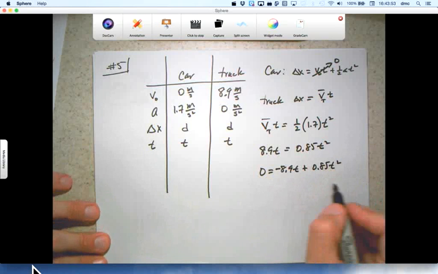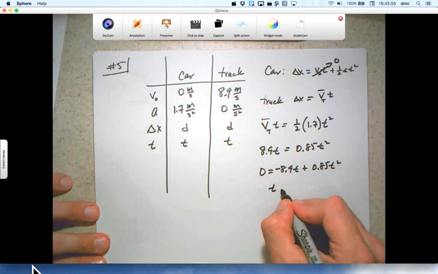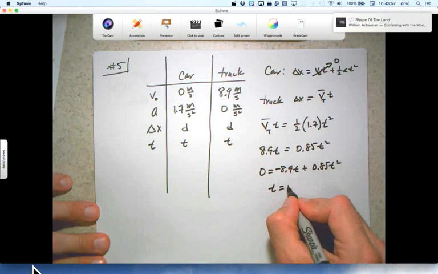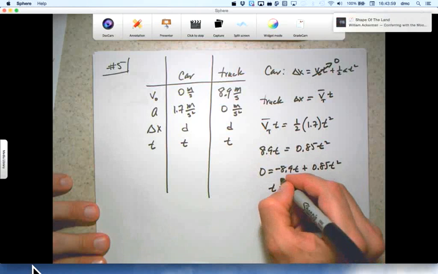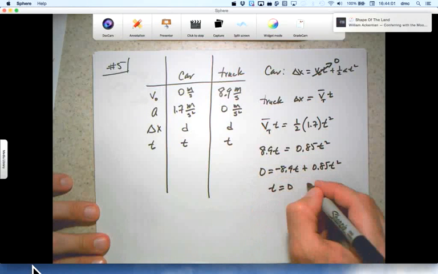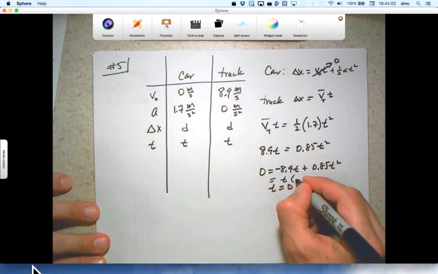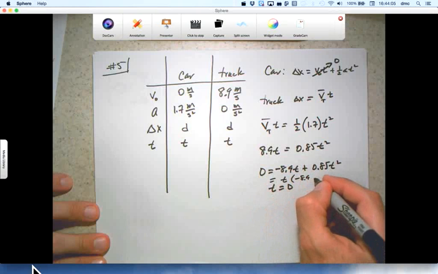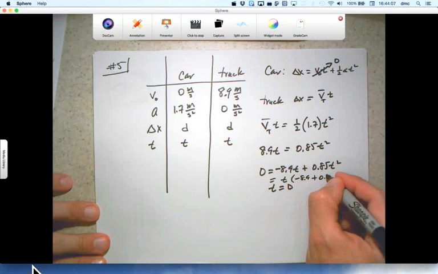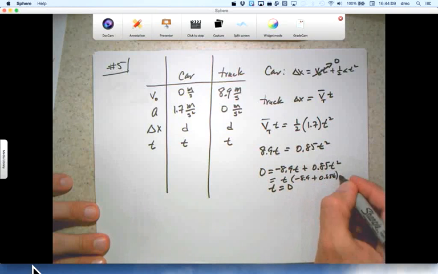So if I factor out a t, so this is equal to t times negative 8.9 plus 0.85 t, and that's equal to 0.